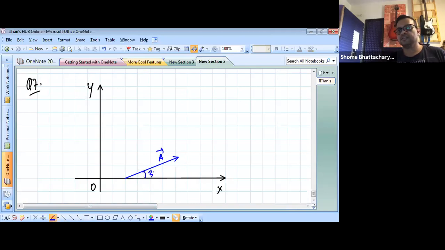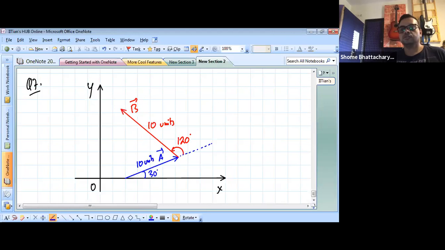This angle is 30 degrees, and then with respect to A's direction, you rotate by 120 degrees to that side and draw the vector B. So B is something like this. This angle is given to us as 120 degrees. And it is given that the magnitude of A is equal to the magnitude of B, so this is also 10 units and this is also 10 units.